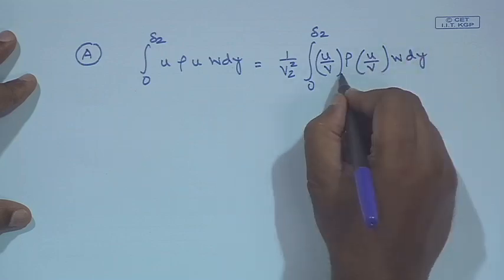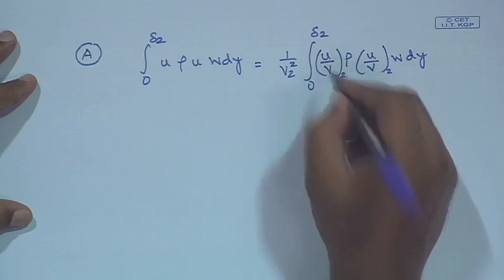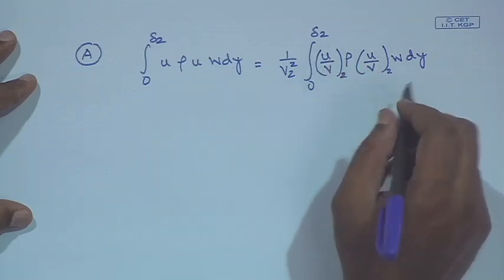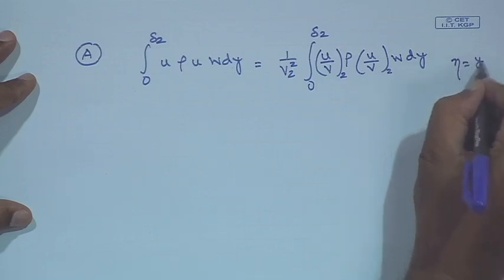Now, all these are at location 2. So, this is essentially u2 by V2, and instead of y, I can write eta to be y by delta.